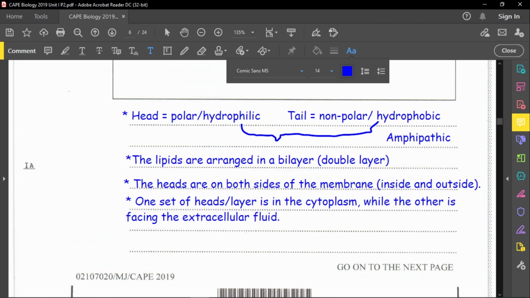So we have one facing the cytoplasm, which is the internal fluid, and the other is facing the extracellular fluid, the fluid on the outside of the cell, which is the tissue fluid. Just to make a note of that.